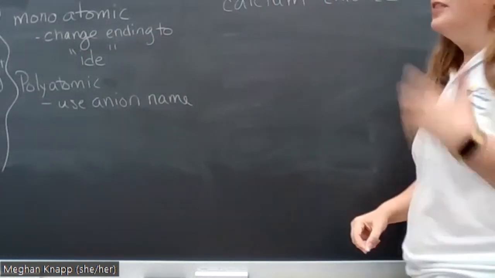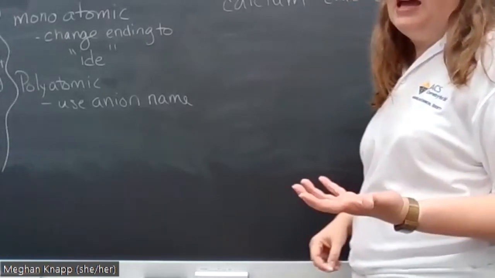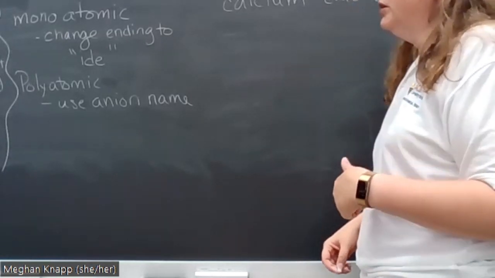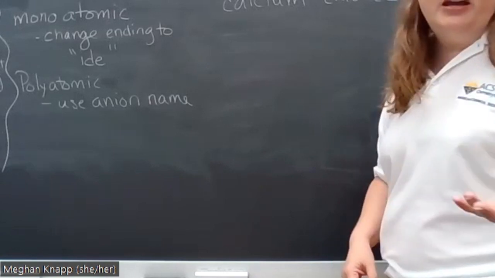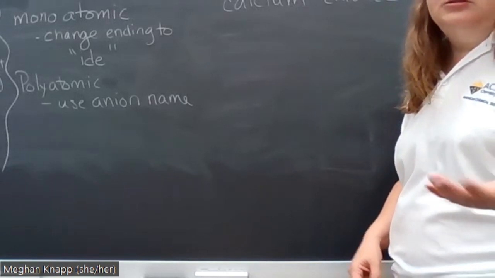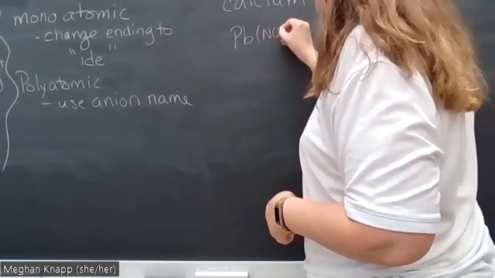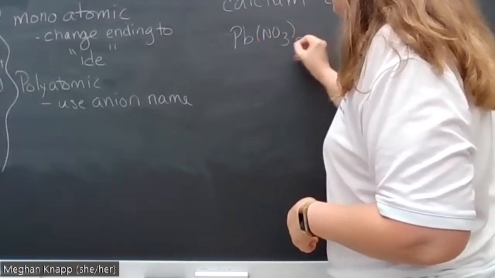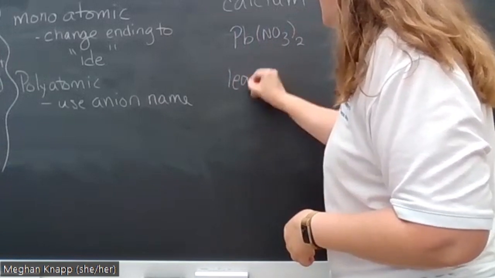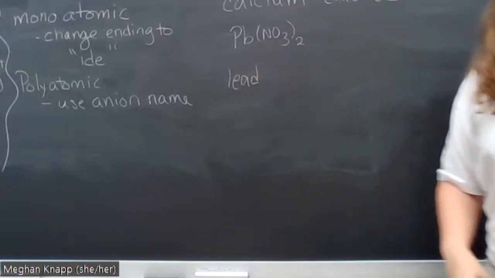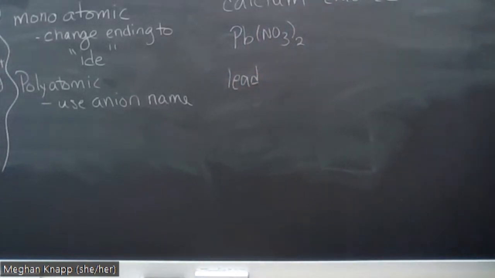Okay. Now the other one we had was Pb(NO3)2. So we know that it is what metal? Lead. And this is where we have to do a little bit of thinking. Lead can have a couple of different charges, and we have to figure out what that charge is.